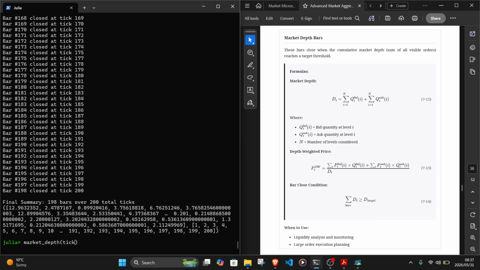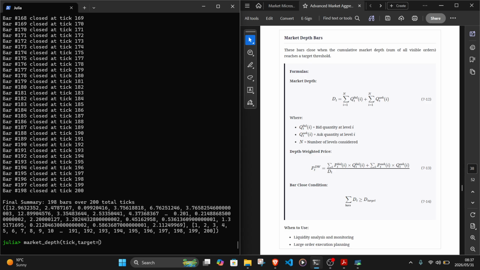Now, let's play around with this target a little bit more, right? Instead of using a target value of 0.01, where only 2 bars out of 200 didn't process, because 0.01 is very small, so the number of bars bound to hit that is inevitably the majority of the tick processing.